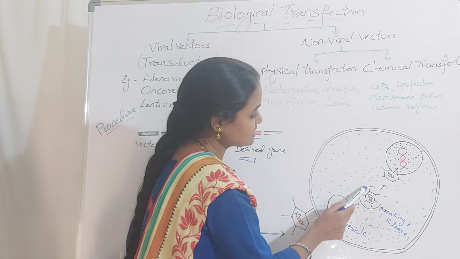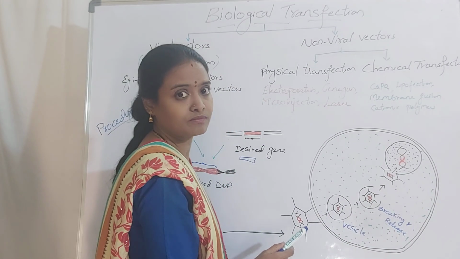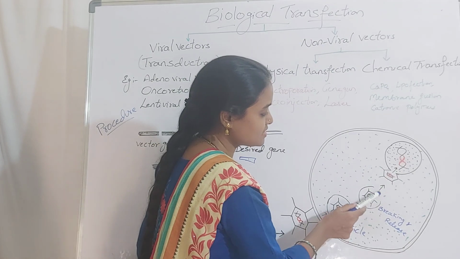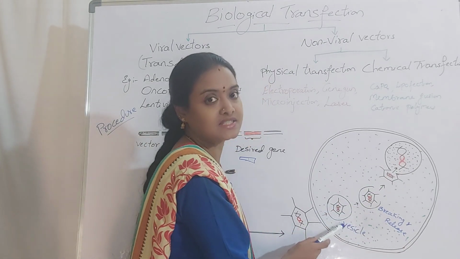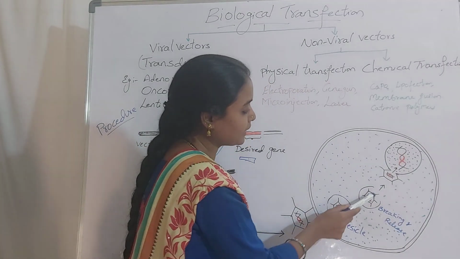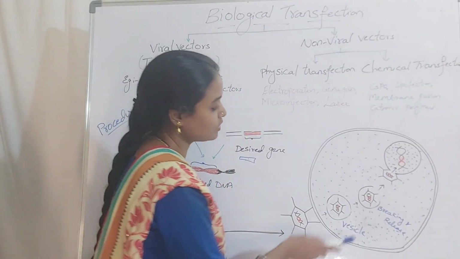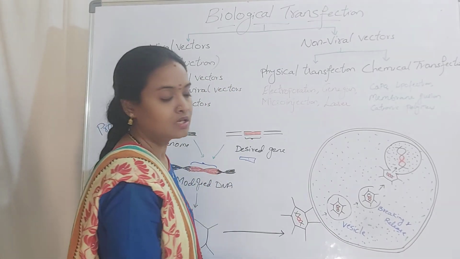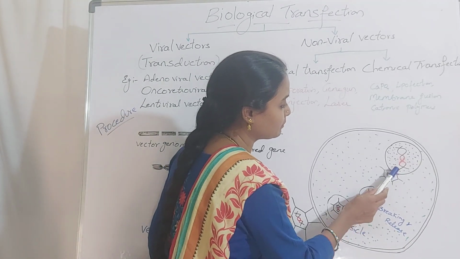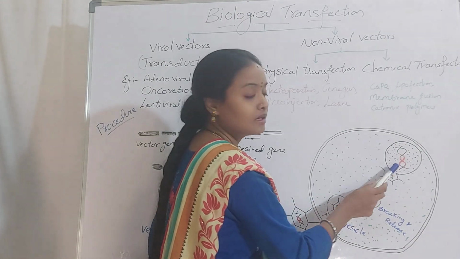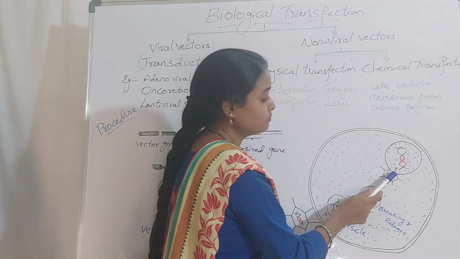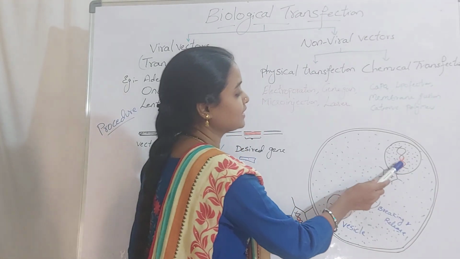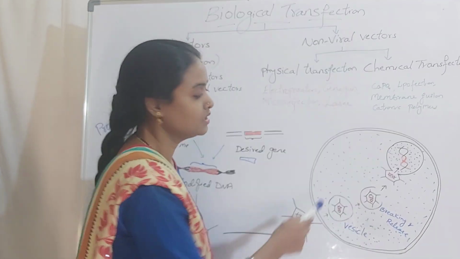As it reaches the nucleus, you can see there is breakage of the vesicle membrane. As the membrane breaks, the vector is released. The released vector will bind to the nucleus and allow its genome to enter into the nucleus and get integrated into the genome of the animal cell.